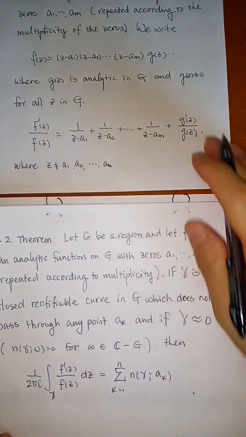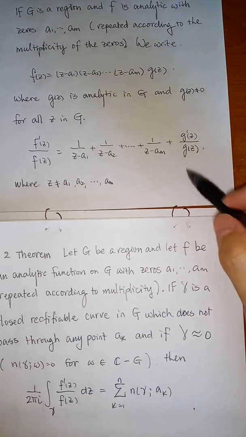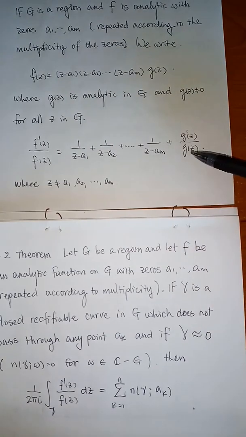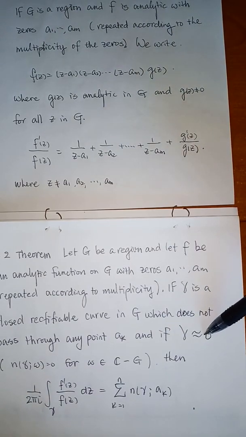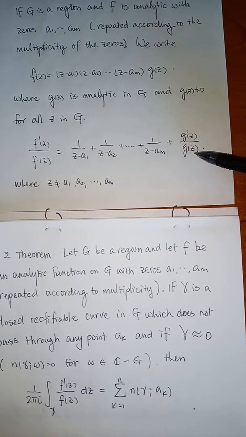Well, this statement is just a trivial application of the Cauchy integral formula. Here g is analytic, g is not equal to 0, g prime is analytic, and so this last ratio is an analytic function. And the Cauchy integral theorem says if you have a curve homologous to 0, then this integral vanishes.